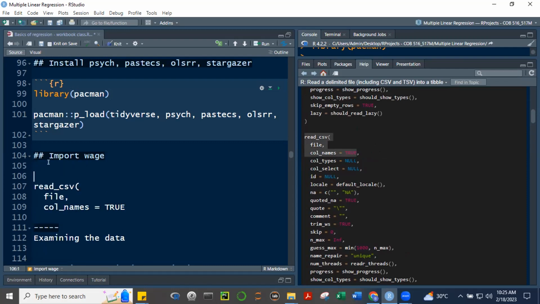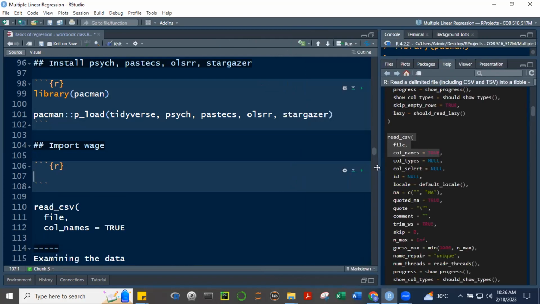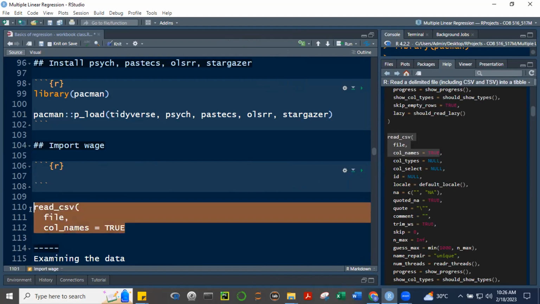No? Like Control-Shift-M, Control-Alt-I. Control-Alt-I, remember that's your code chunk shortcut. All right.